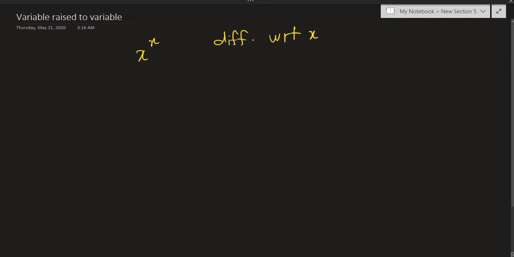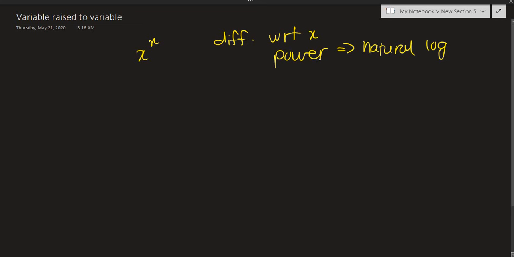Because we did not deal with certain kinds of mixed variety of functions. Since we have a power, power actually asks for the natural log.